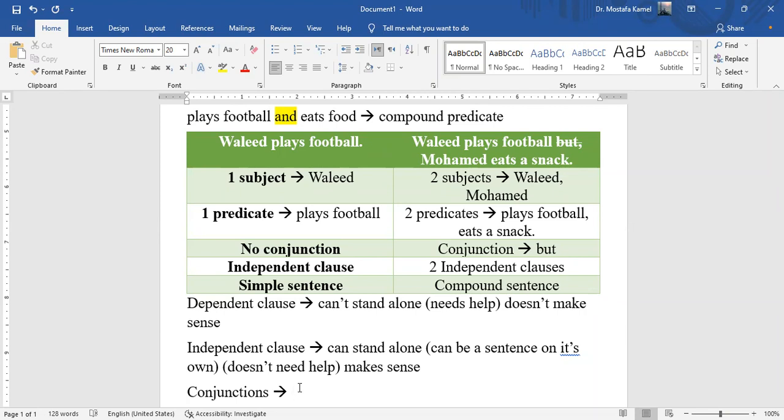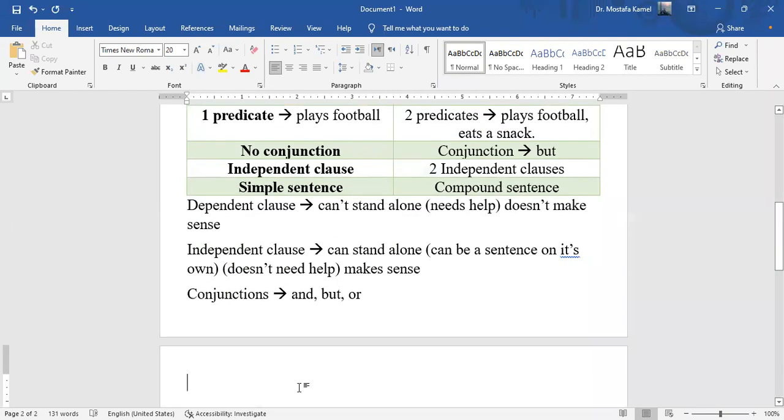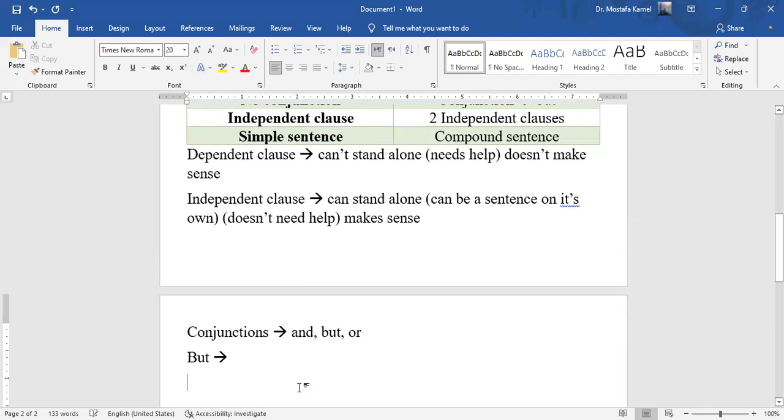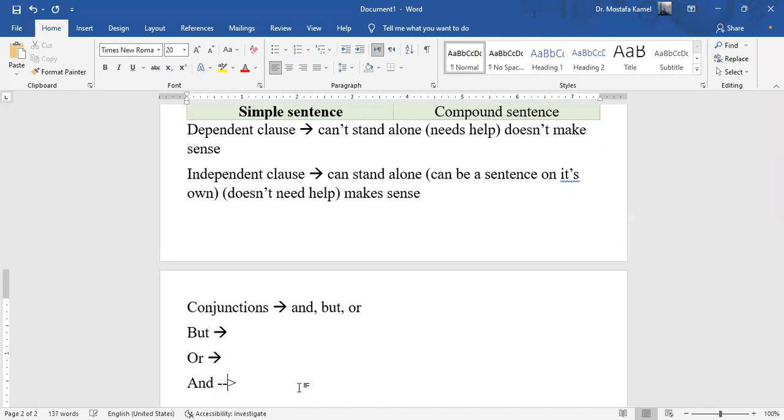And, but, or. Thank you, Yusuf, very much. So now, Yusuf, can you tell me what do we mean by but? And what do we mean by or? And what do we mean by and?